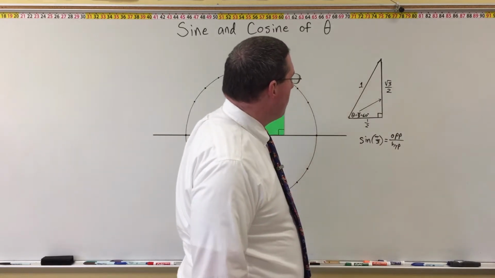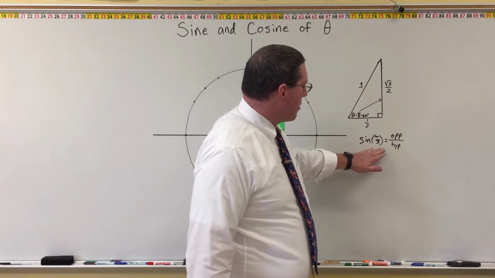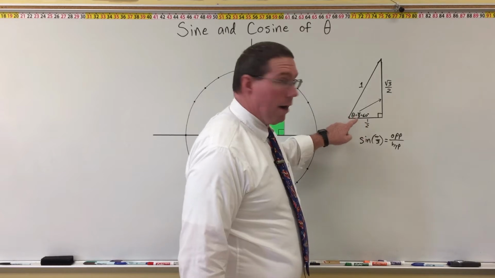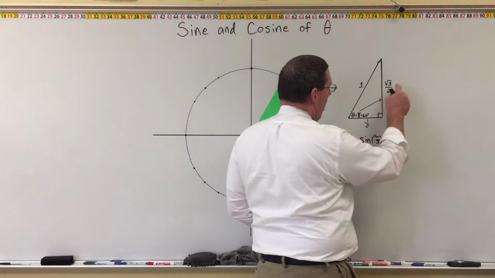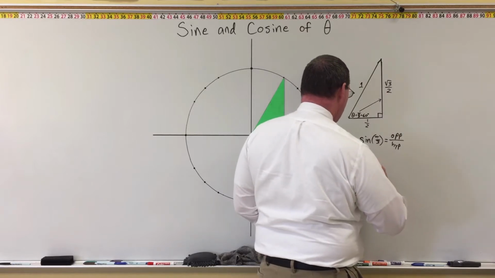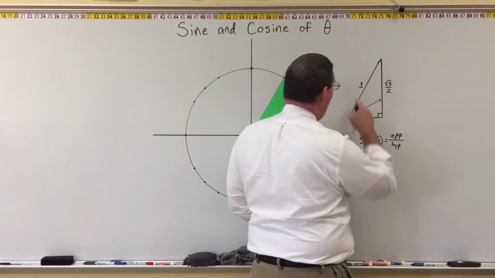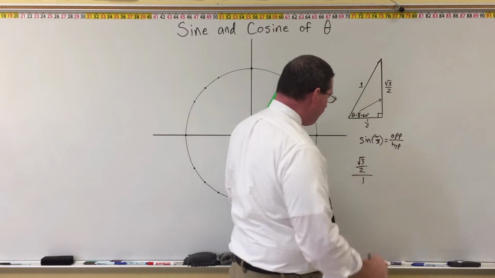And so now, if we want to identify the sine of this angle, we would do the opposite side, which is square root of 3 over 2, over 1.